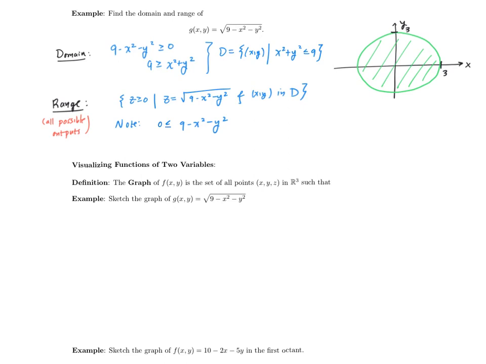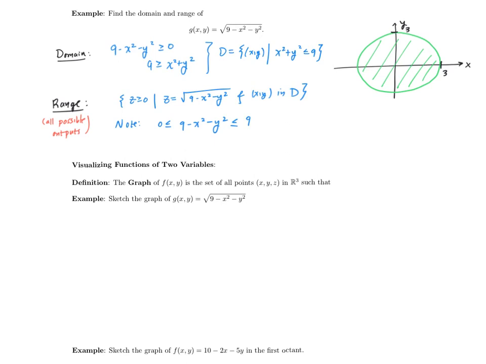So it's bigger than or equal to 0. Furthermore, since we're starting with 9 and we're subtracting away non-negative values, what's the biggest it can ever be? 9.